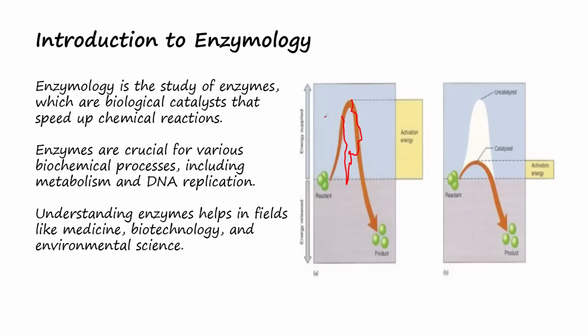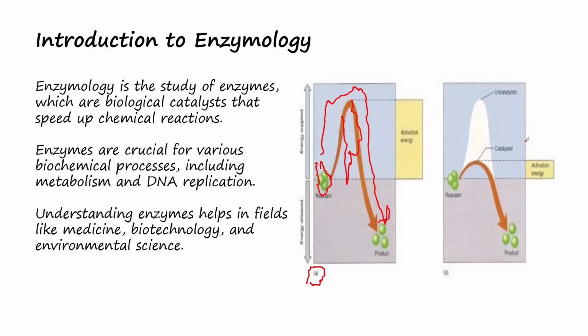So this A is an example of an uncatalyzed reaction, that is, in the absence of enzymes. You see that the activation energy is a huge hill. It is very huge. Before the reactant molecules are converted into product, they must jump this activation energy.